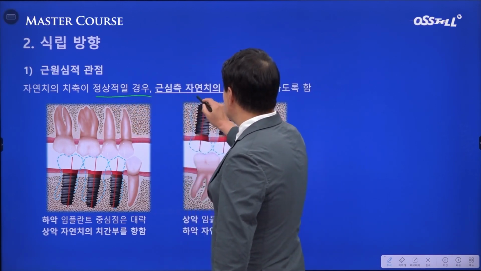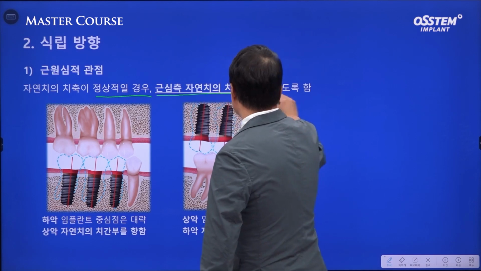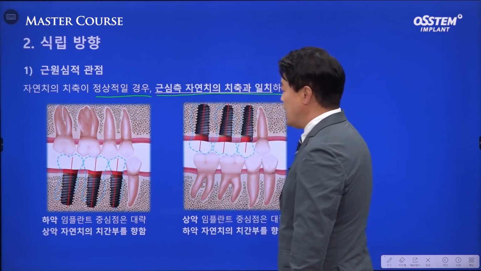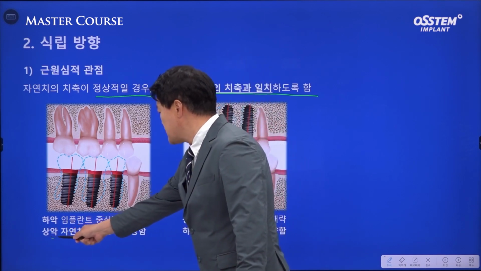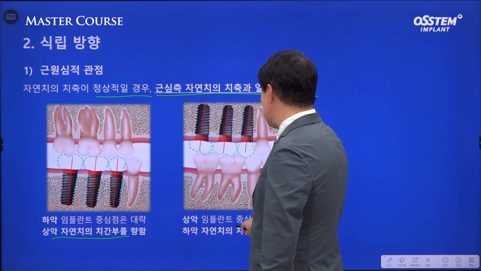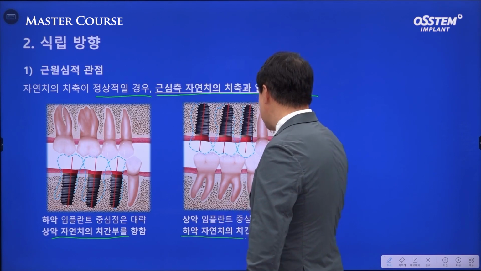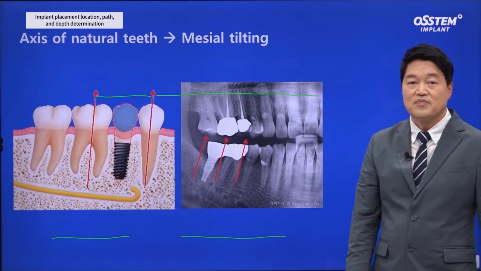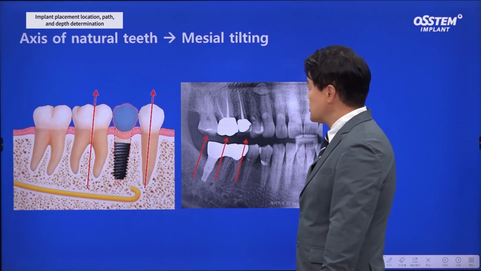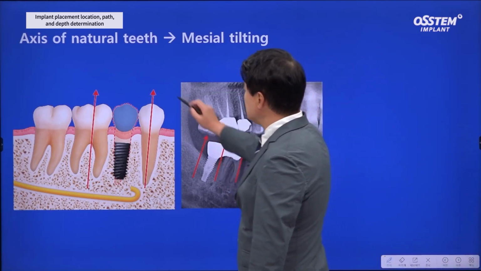If the axis of natural teeth is normal, an implant should follow the mesiodistal axis of a natural tooth. The center of an implant in the mandible should be directed toward the interdental area of the upper teeth. The center of the upper implant should be toward the interdental area of the lower natural teeth.